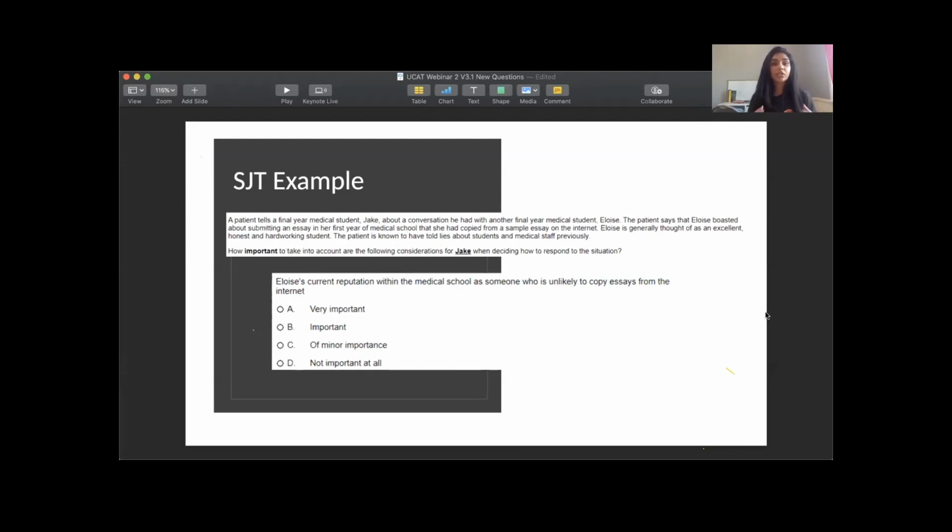Rather than just assuming that the patient is absolutely correct, Jake will first sort things out with Eloise and ask her why the patient is saying this, or what he meant by that, rather than going straight to reporting her to the medical school and creating problems there. And if he did do that and it turned out that the patient was lying, then it would create problems with his relationship with her as a peer.